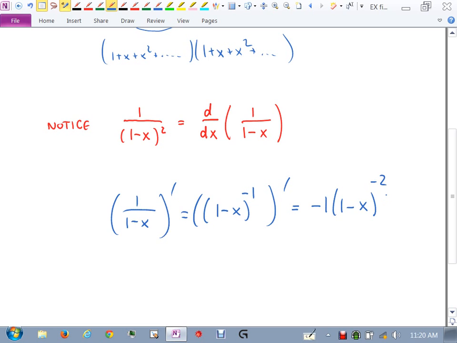Negative 2, but then you have to say times the derivative of what's inside. What's the derivative of what's inside here? Negative 1. This negative 1 and negative 1 become a 1, right? And so you're left with just what? What's (1 minus x) to the negative 2? It's 1 over (1 minus x) squared, isn't it?